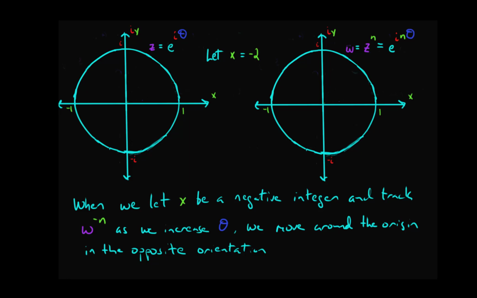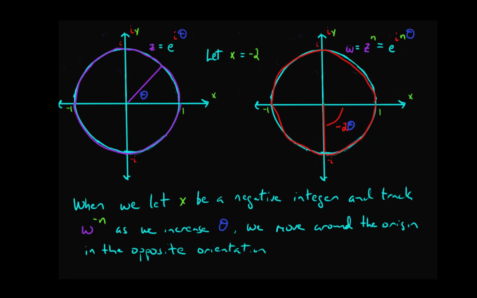We'll let x equal negative 2. And if I trace out an angle theta in the domain, I'm going to go in the opposite direction, negative 2 theta, in the range of the function. And hopefully you can see where this is going. If we trace out an angle of pi over 2 in the domain, we trace out an angle of negative pi in the range. If I go halfway around the circle in the domain, I'm going to go all the way around the circle in the clockwise, in the negative direction, in the range.